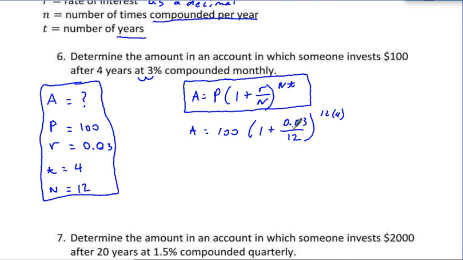Let's explore why we're dividing that interest rate by 12, the number of times in the year. If the bank is going to calculate interest at the end of each month, they're not going to give you 3% every single month. At that point, you would earn well more than 3% total at the end of the year. So we take the 3% that they say they'll give you over the year and divide that percentage by each time they compound it, in this case 12.